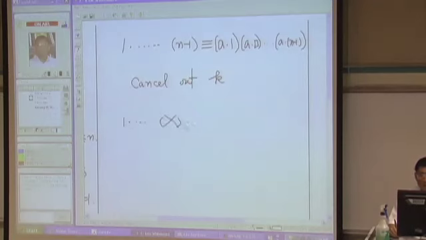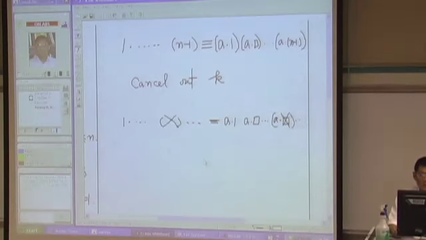These kinds of things equal a times 1, a times..., and k is missing here, right? Not a, k is missing. So a is not missing, only k is missing.